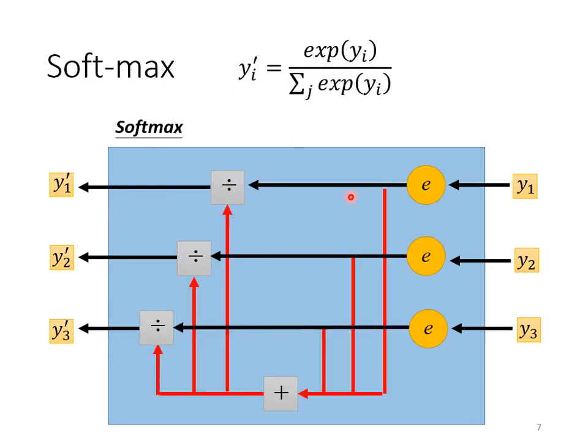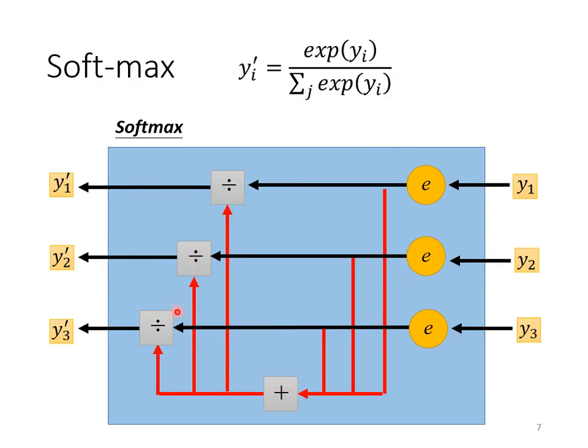The graphical explanation looks like this. y1 takes exponential, y2 takes exponential, y3 takes exponential. Sum them up. We get a summation. Place the summation in the denominator. Next, divide exponential y1 by the summation. Divide exponential y2 by the summation.